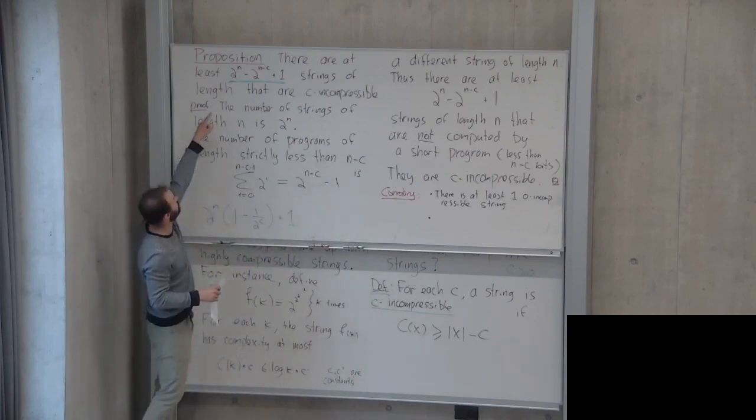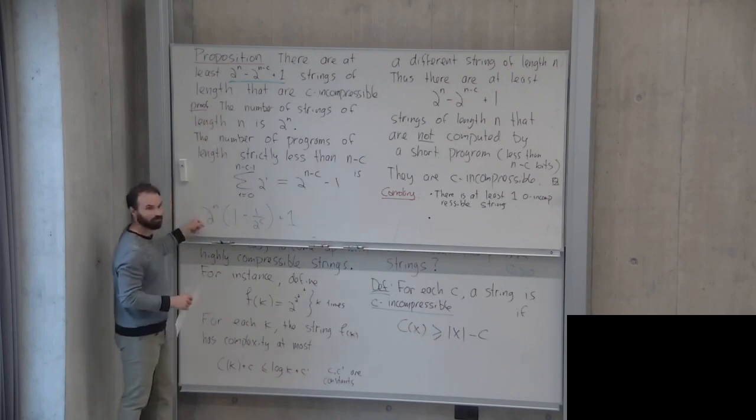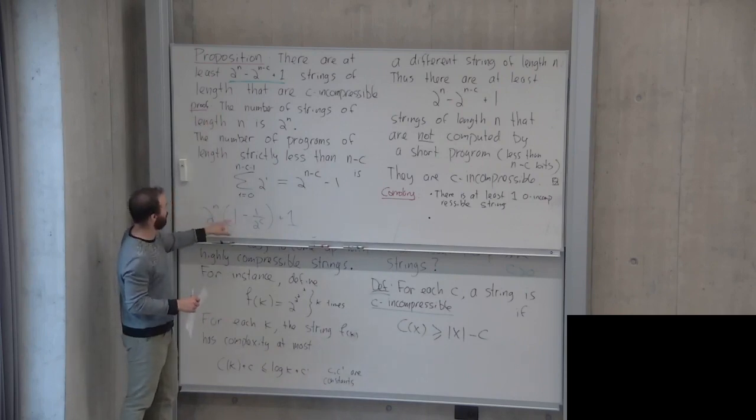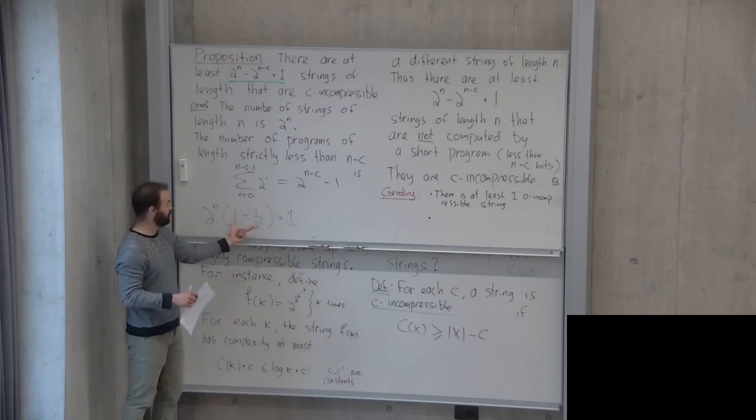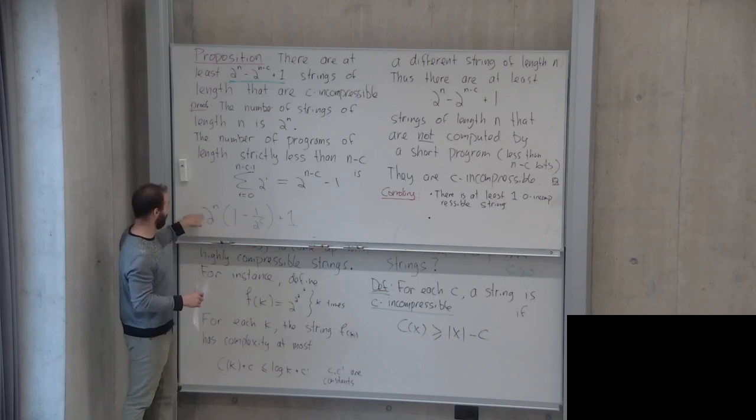Okay, this is the same thing that I have written here in blue. So 2 to the n, 1 minus 2 to the minus c. So when c equals 2, it's 1 minus 1/4. It's 3/4 of 2 to the n plus 1.